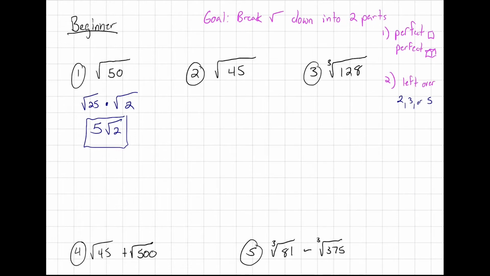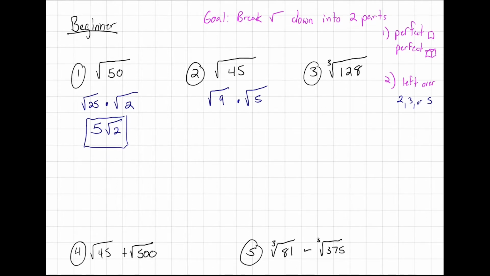All right, moving on to 45. So it's not a perfect square. We know we have to split it up into two parts. Start thinking about perfect squares that can go into 45: 1, 4, 9. Okay, 9 works, right? Because we know that 9 times 5 is 45.